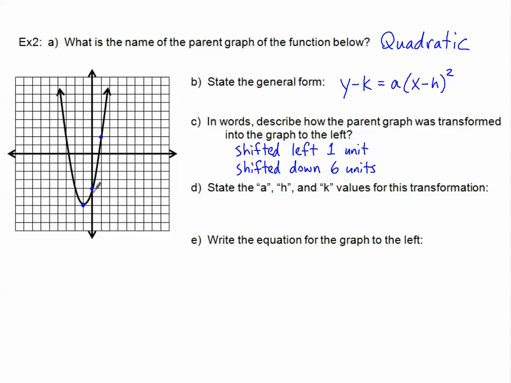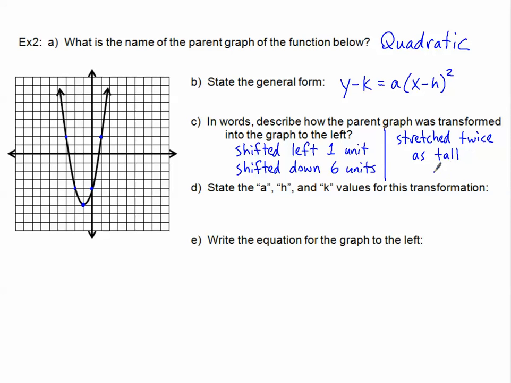So I'm up twice as much for the first output, and I'm up twice as much for the second output, and the same thing on the left side. So it looks like we have stretched twice as tall as normal.